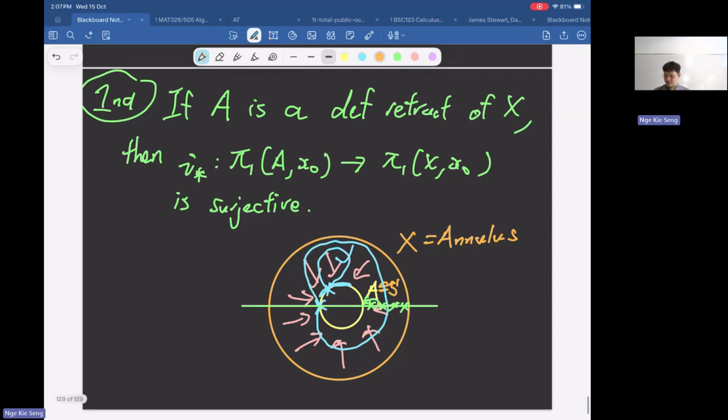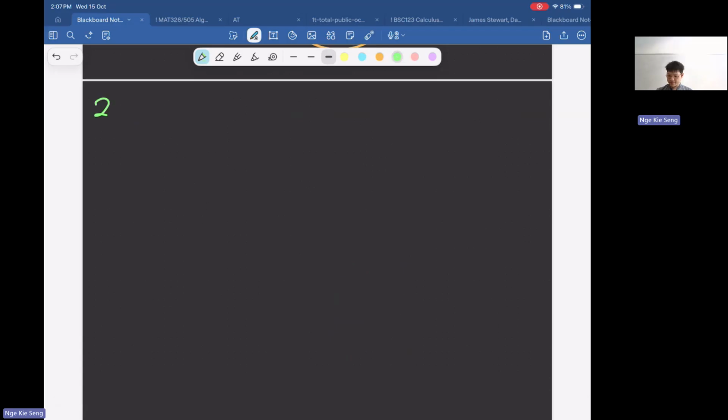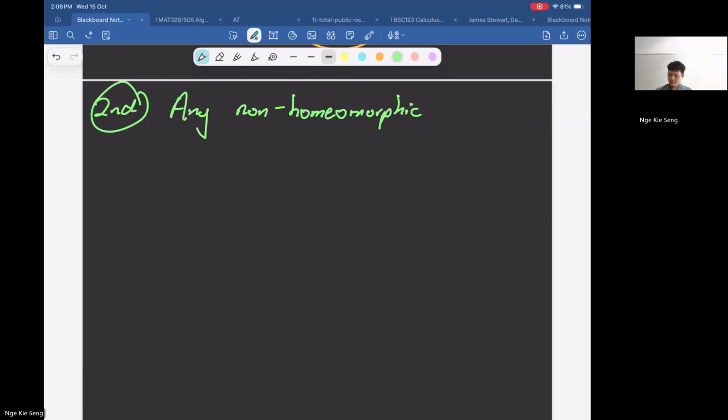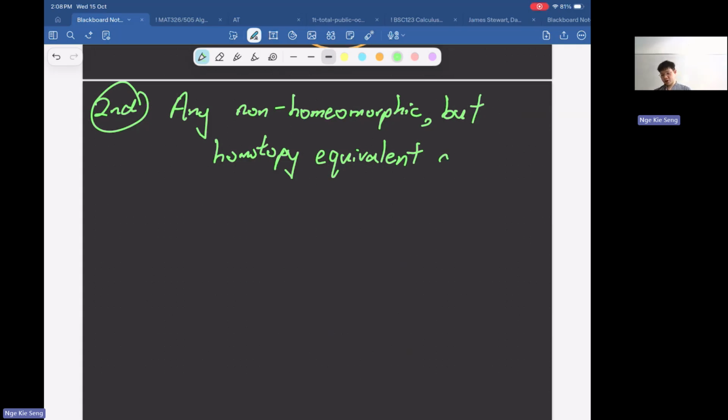And then the second question was asked by Eric: any non-homeomorphic but homotopy equivalent spaces? Well, we just start from the non-homeomorphic spaces that we know from general topology, namely the closed interval and the open interval.